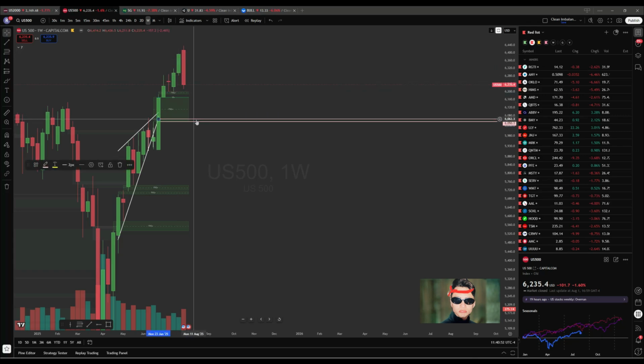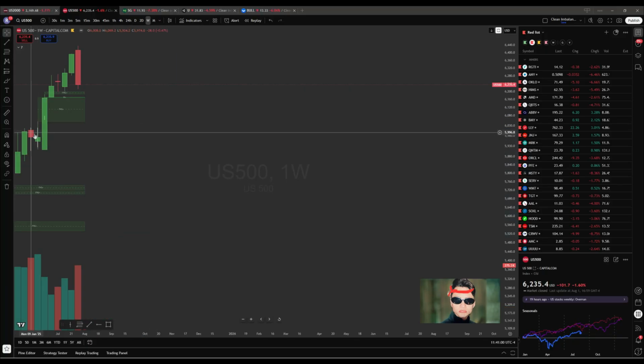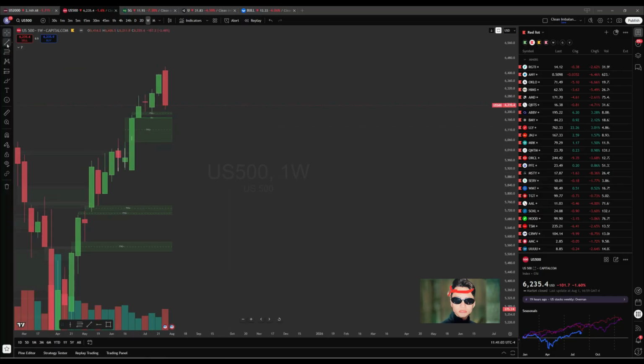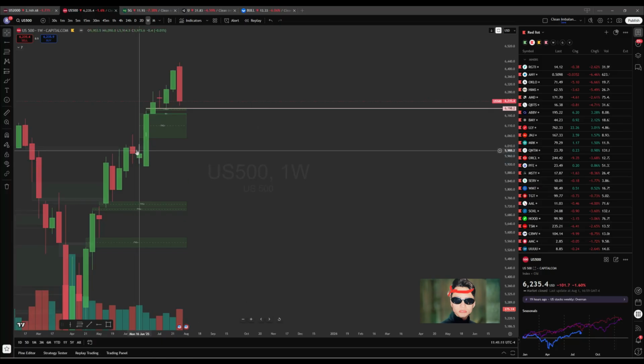Okay. So we know that the Russell already hit the 0.5 and it's in a support area. But what about SPY? This is a low right here. So we use the pink line. But where did the run up start? So it was right here.